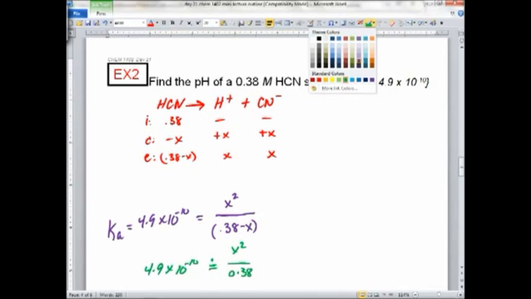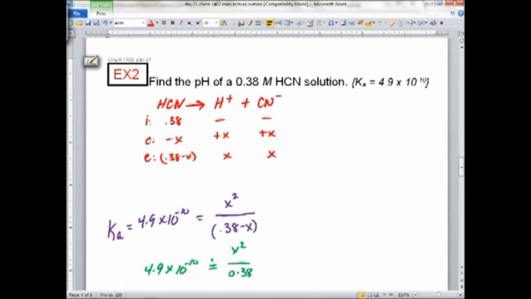You can do it, but let's put it in a color that's important here. Only because of that, you can drop the x. Why? 10 to the negative 10.